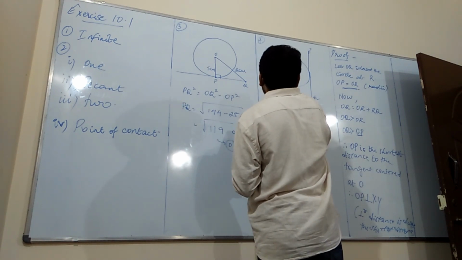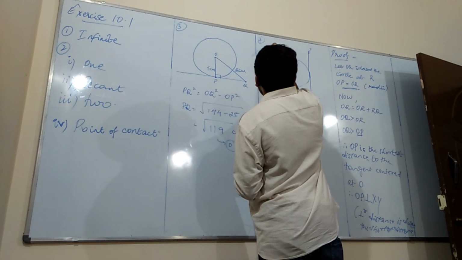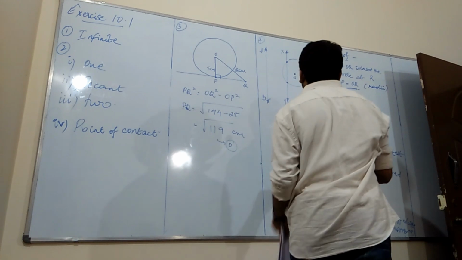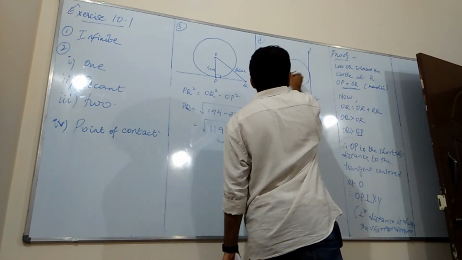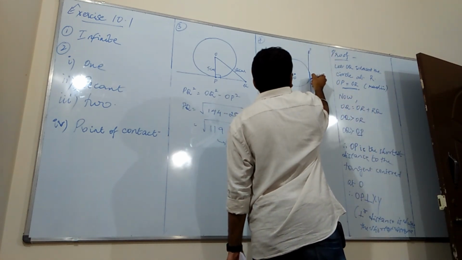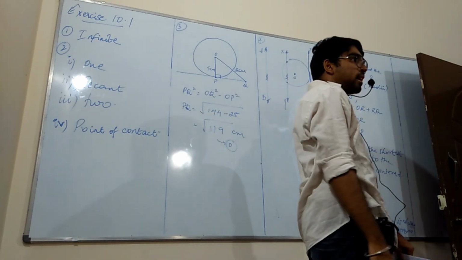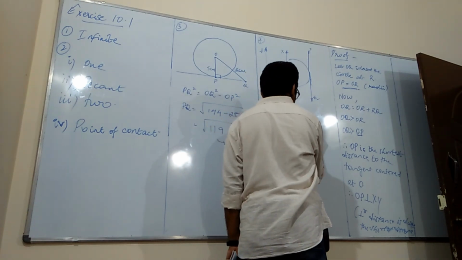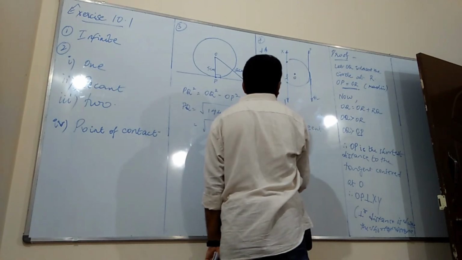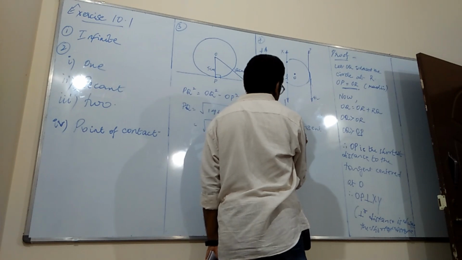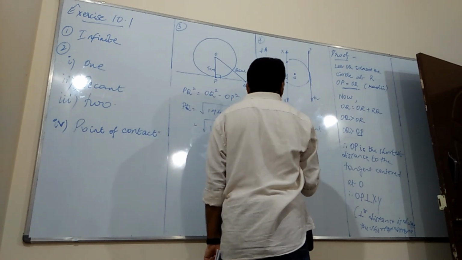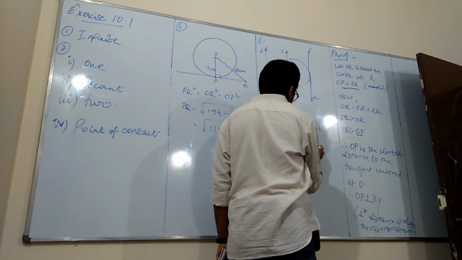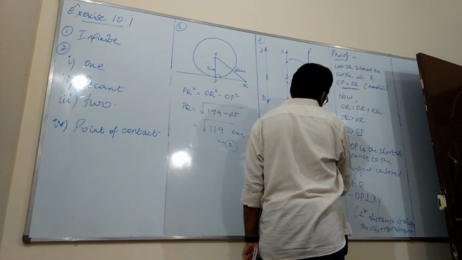All these lines are parallel to each other. So PQ is a tangent, XY is a secant, AB is a line parallel.